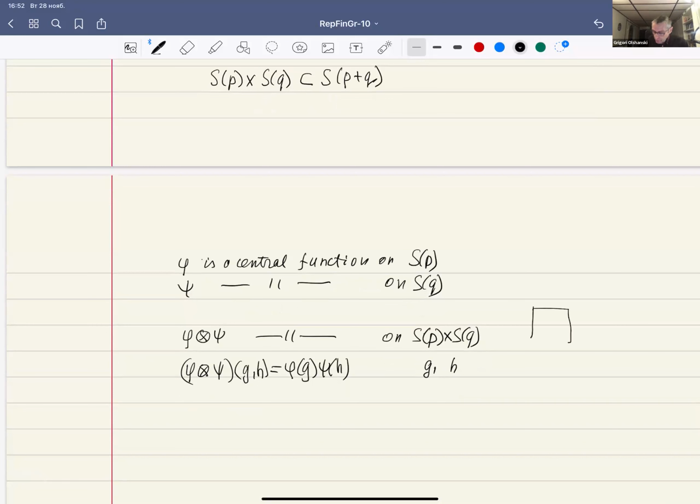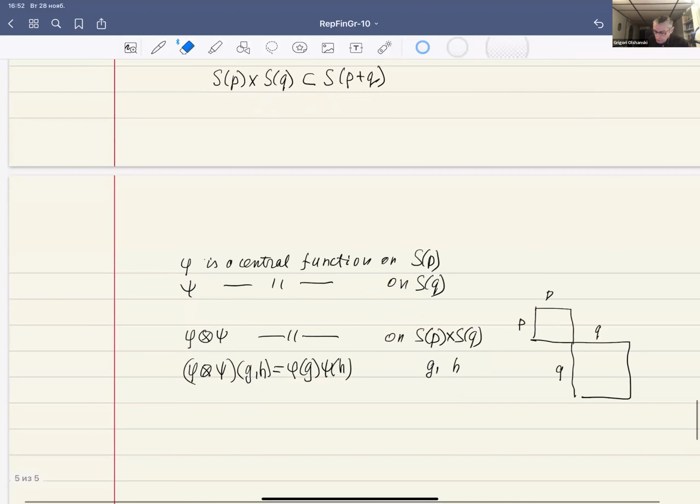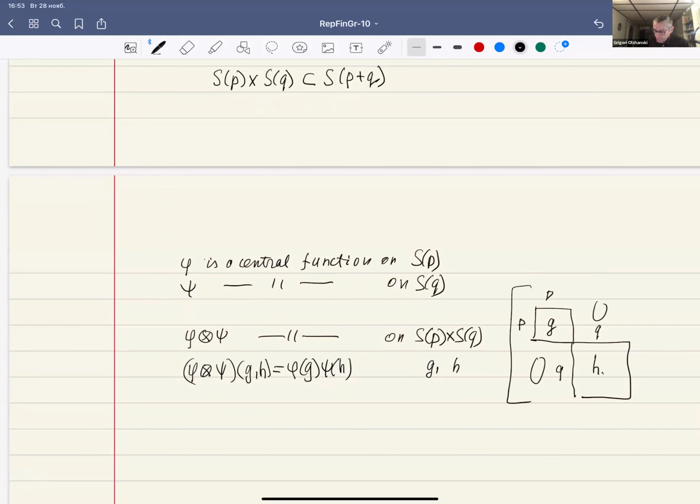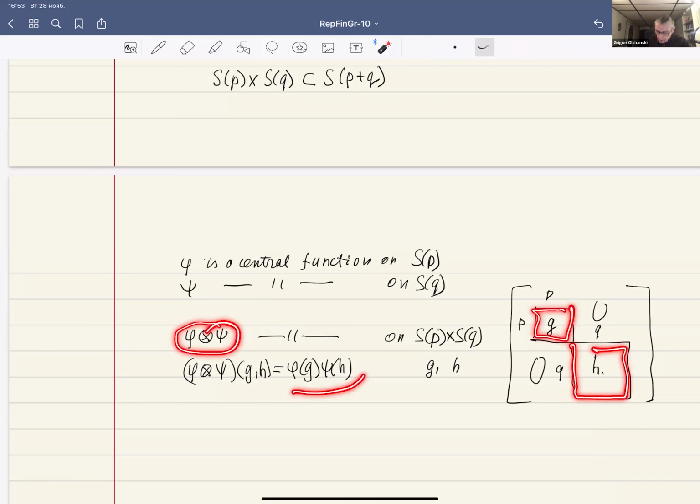So we have permutation matrices of size n, and we have G and H. So this is a matrix with zeros in these blocks and some permutation matrix here and here. And this function is obtained in this way.